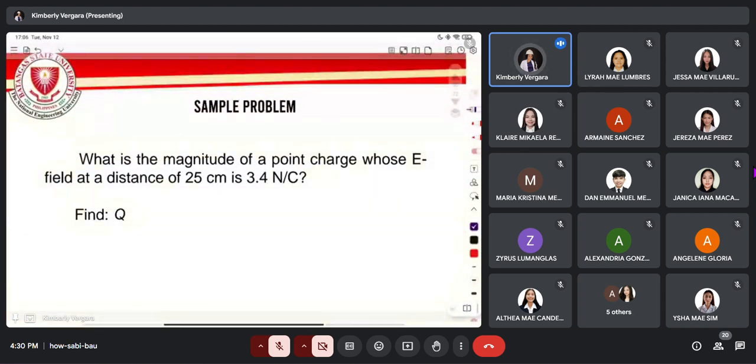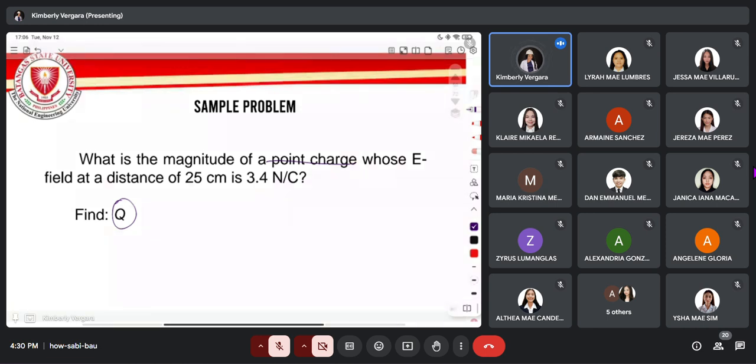So let's try solving this one. Number 2: What is the magnitude of the point charge whose electric field at a distance of 25 centimeters is 3.4 Newton per Coulomb? So we have to find Q, ang point charge natin.